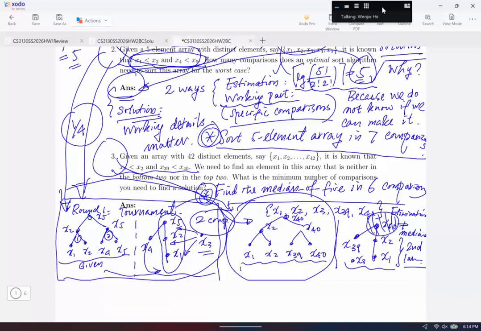The whole solution takes 6 comparisons, and you save 2 of these 6. That's why you get 4 comparisons. Some students give me the correct answer 4, but I don't know how they found it. I hope they use this correct way.